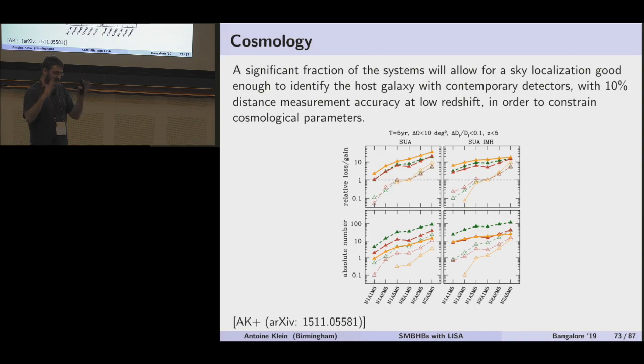And we took this number, which we took as 10 square degrees, to say, okay, if we detect a merger, can we take this detector and point it and see the counterpart?